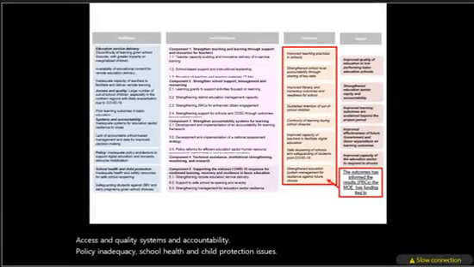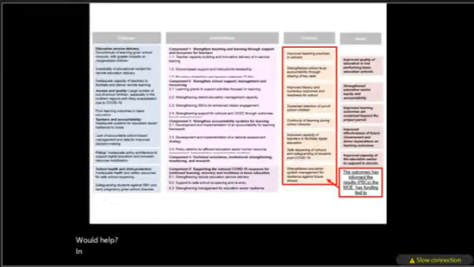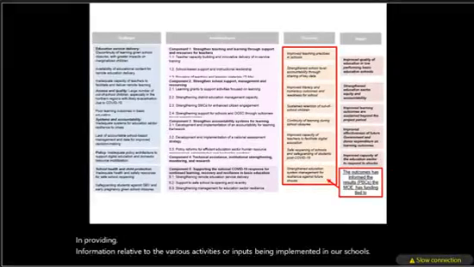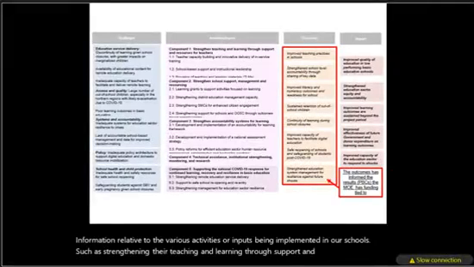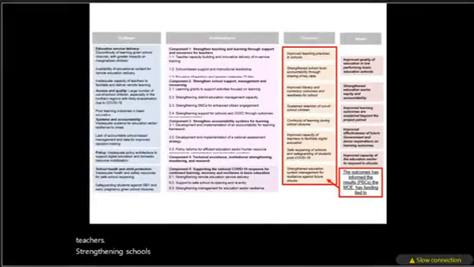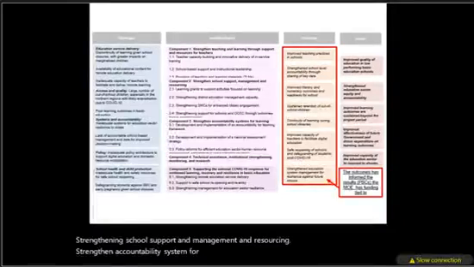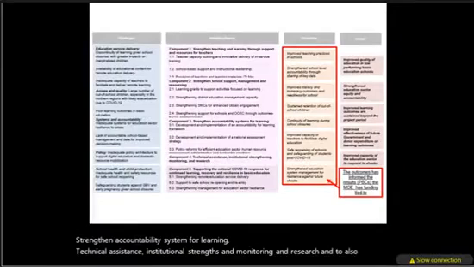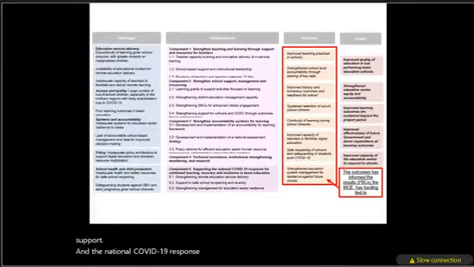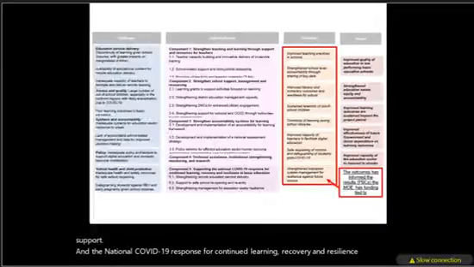However, the mobile school report card would help in providing information relative to the various activities or inputs being implemented in our schools, such as strengthening the teaching and learning through support and resources for our teachers, strengthening school support and management and resourcing, strengthening accountability system for learning, technical assistance, institutional strengthening, monitoring and research, and to also provide support in the national COVID-19 response for continuing learning, recovery, and resilience in our basic education system.